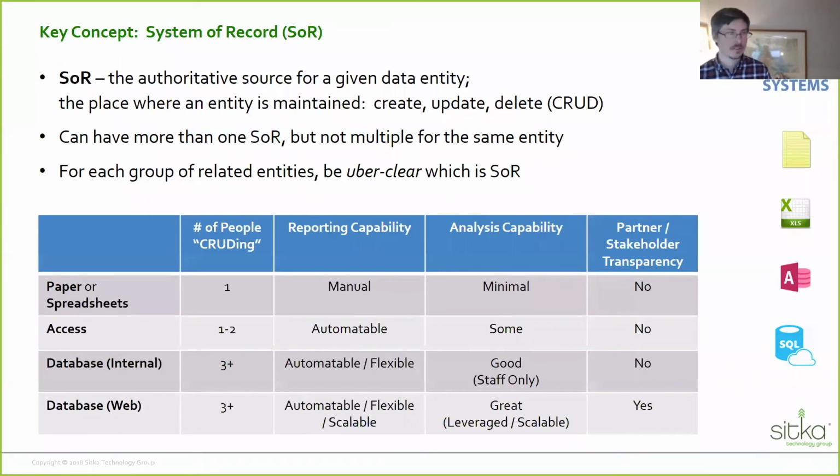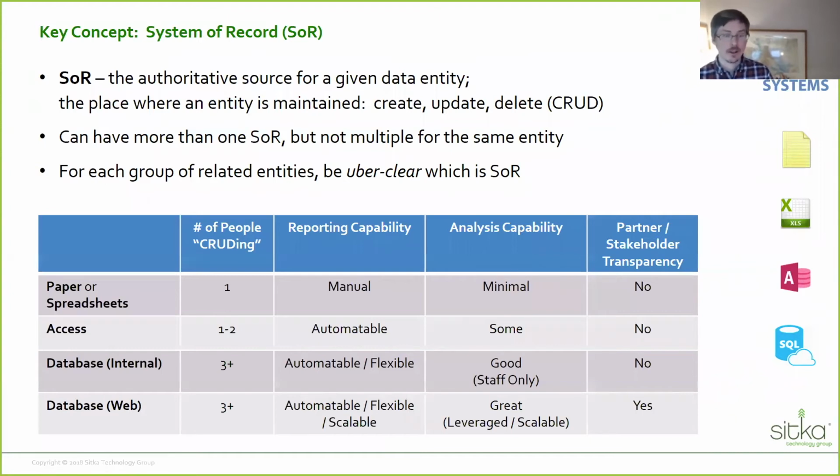Access databases or complex spreadsheets can support 1 to 2 people updating the data. It helps automate the reporting capability. It does provide some analysis capability, minimal transparency to stakeholders. Internal databases helps when a lot of people need to get in there and update data. Provides for a lot of reporting capability.